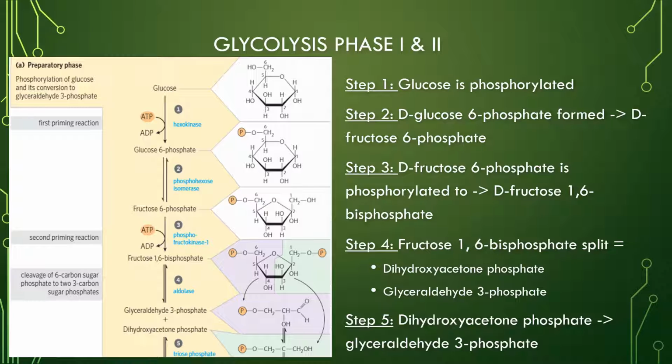Okay, so that's done by triose phosphate isomerase. So overall, in this phase alone, we had 5 enzymes that were used to break down each form of glucose and phosphate groups.